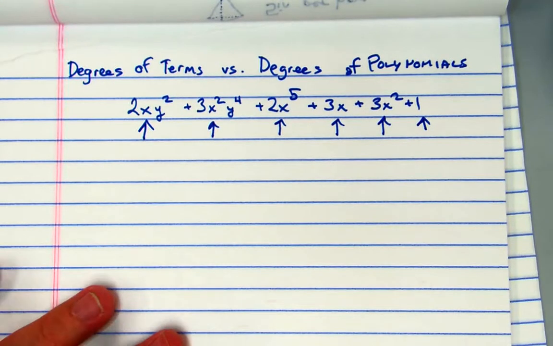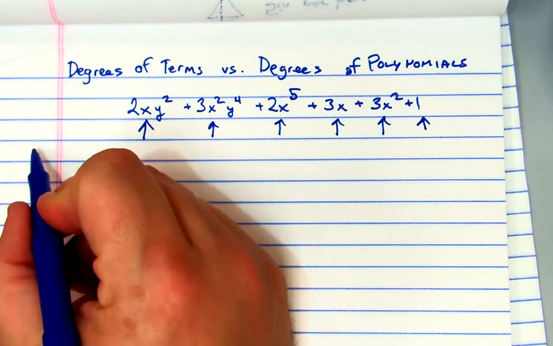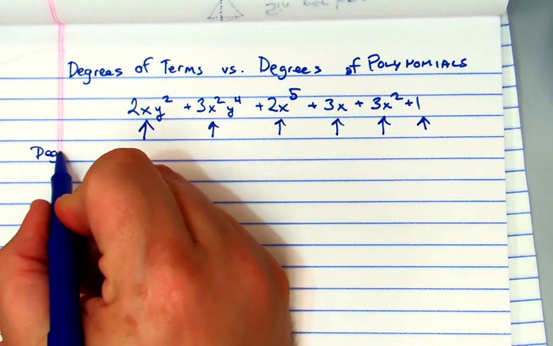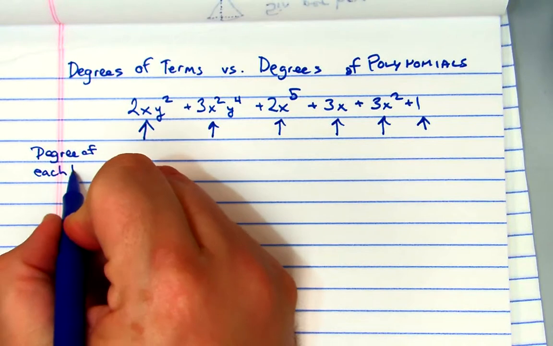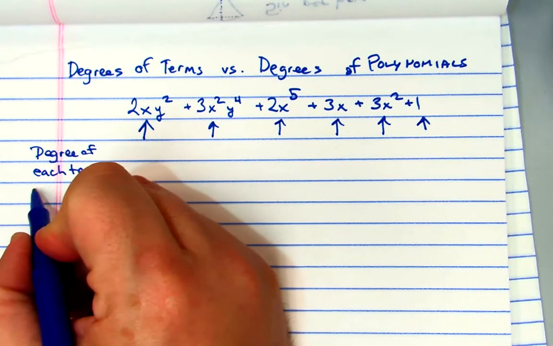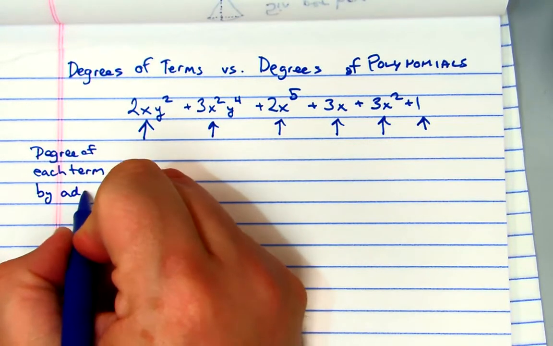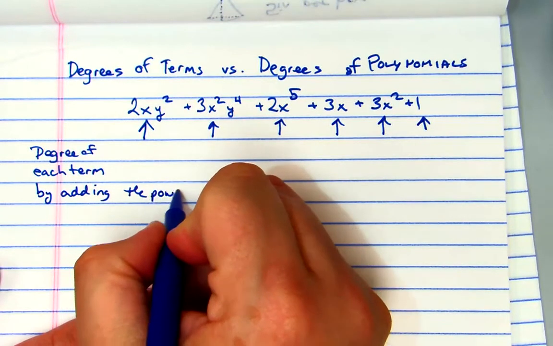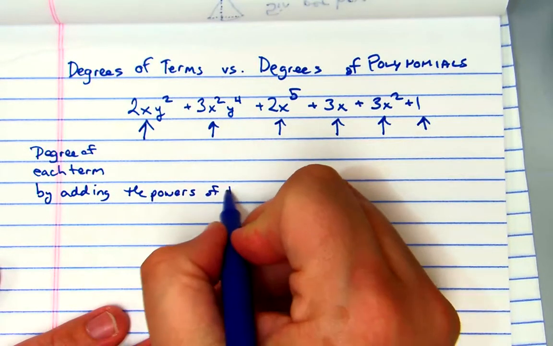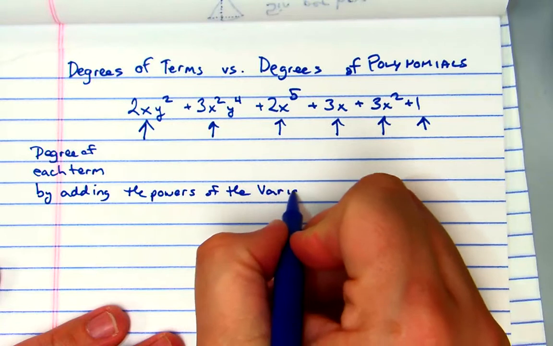So, you can get a degree of each term by adding the powers of the variables.